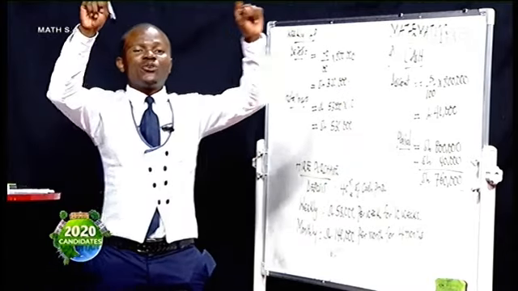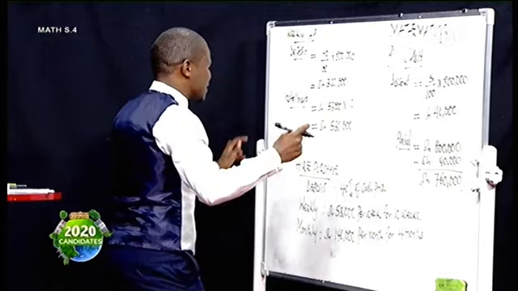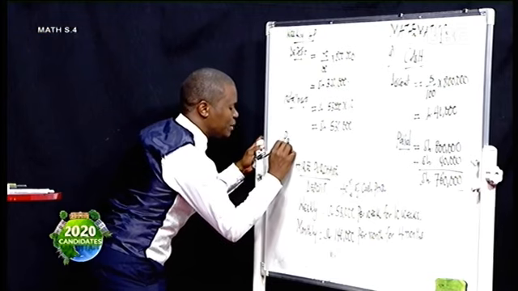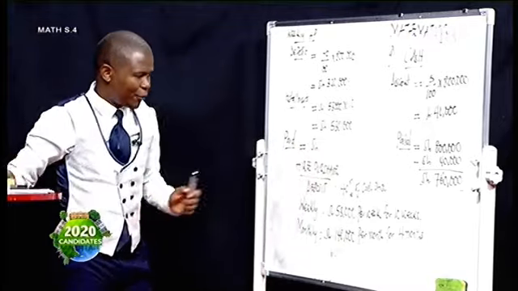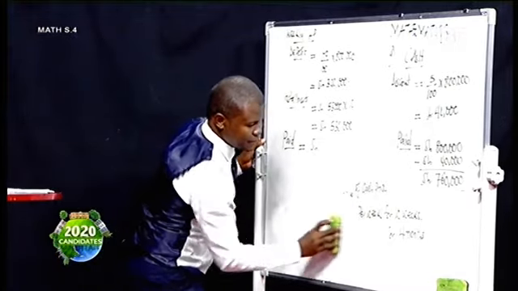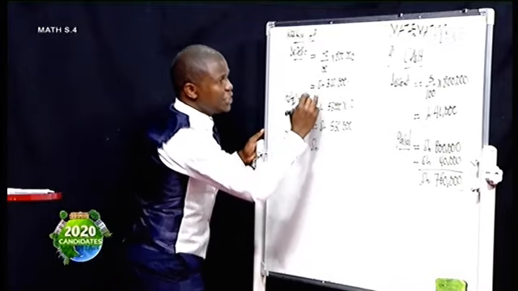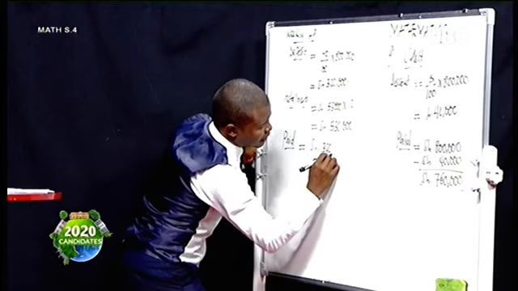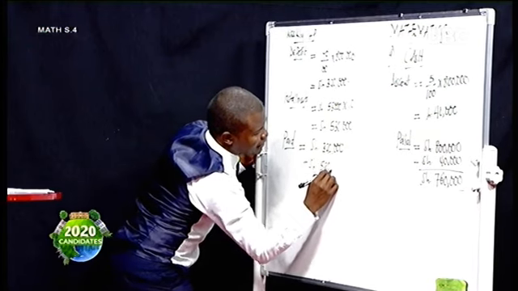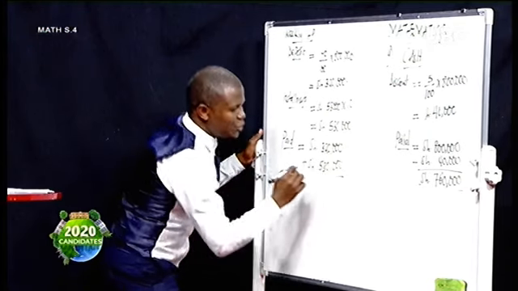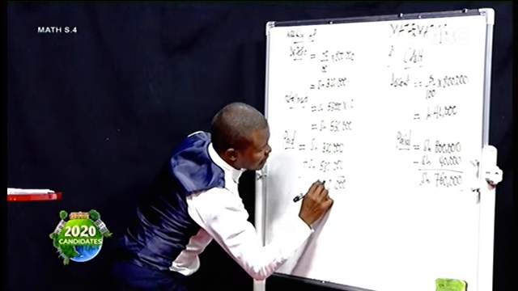So that means the total amount of money he would have paid before they hand over his Samsung phone is, therefore, he paid shillings 320,000 deposit plus shillings 530,000.